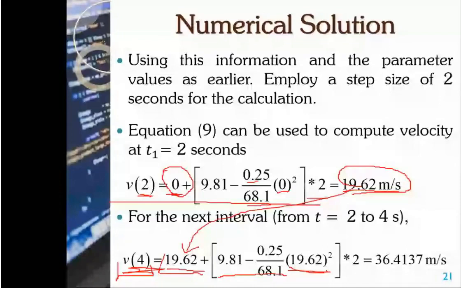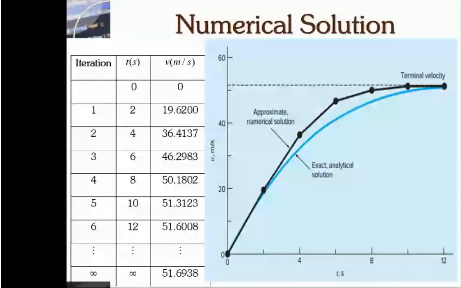And remember, because we are dealing with a step size of 2, this step size is going to remain constant throughout the whole computation, okay? Once we simplify or compute this, we get 36.417637 meters per second. If we go through this same principle until the 12th second, we are going to get something like 51.6008.